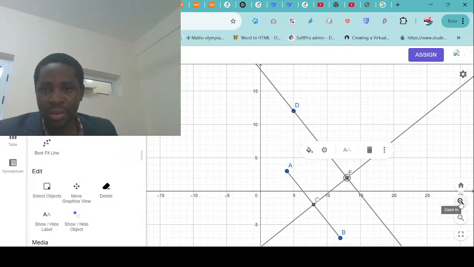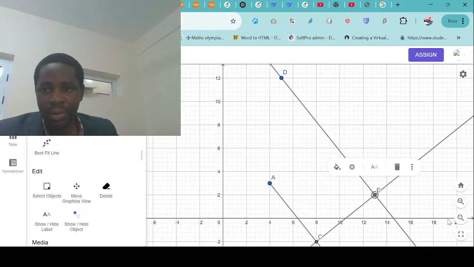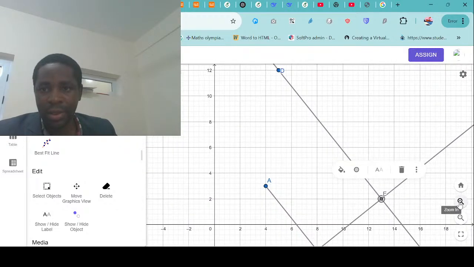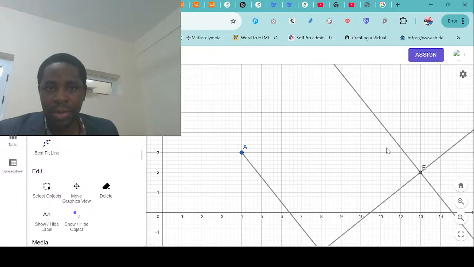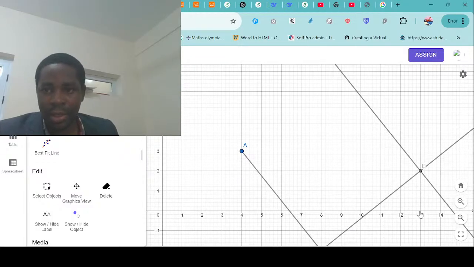No, it should be zoom out. So let's zoom out so that those coordinates that are not showing will show. Okay, so do you see that? 13 and 2, which is what we also got while using the principles that we learned.